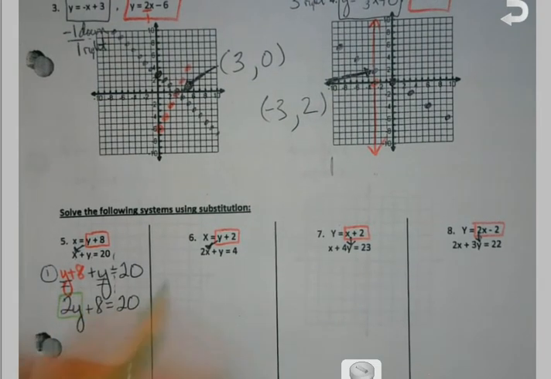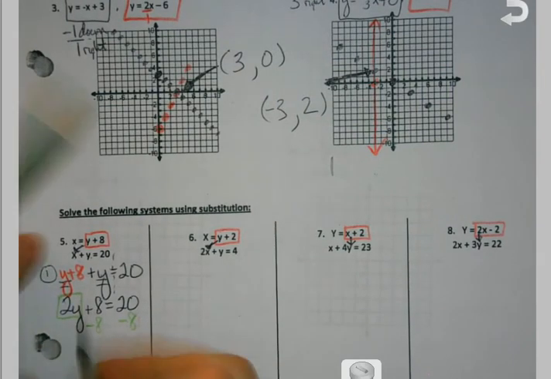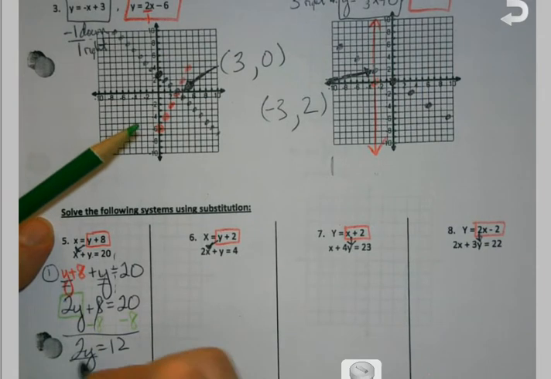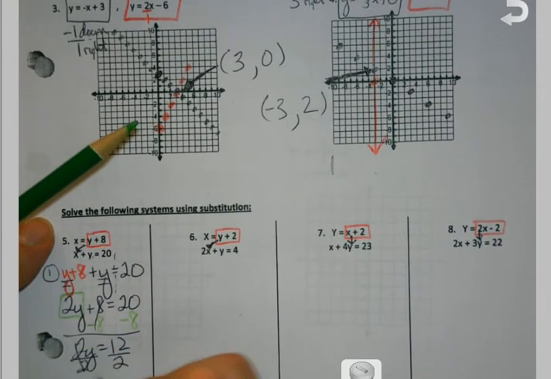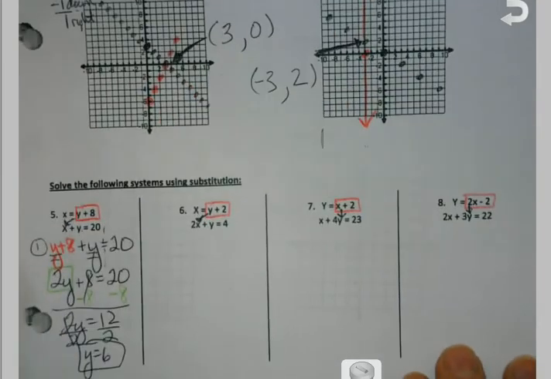So once I get my y's together, what do I need to do next? Absolutely. And the answer is 6, I'm being told. And I agree. But remember, I've got the y, I still got to figure out x, but that's going to be a lot easier.